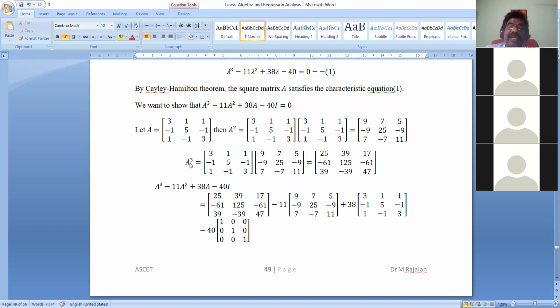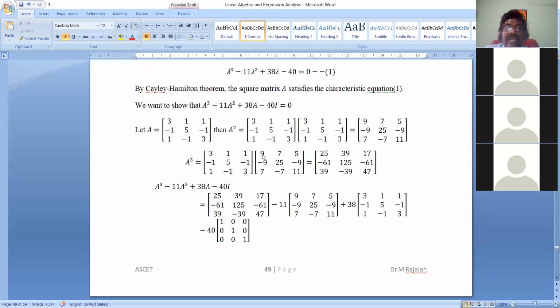Now, A cube equal to A into A square. Multiplying these two matrices, we get 3 into 9, 27, minus 9, plus 7, that is 25. Next 3 into 7, 1 into 25, 1 into minus 7, that is 39. Next 3 into 5, 1 into minus 9, plus 1 into 11, that is 17.